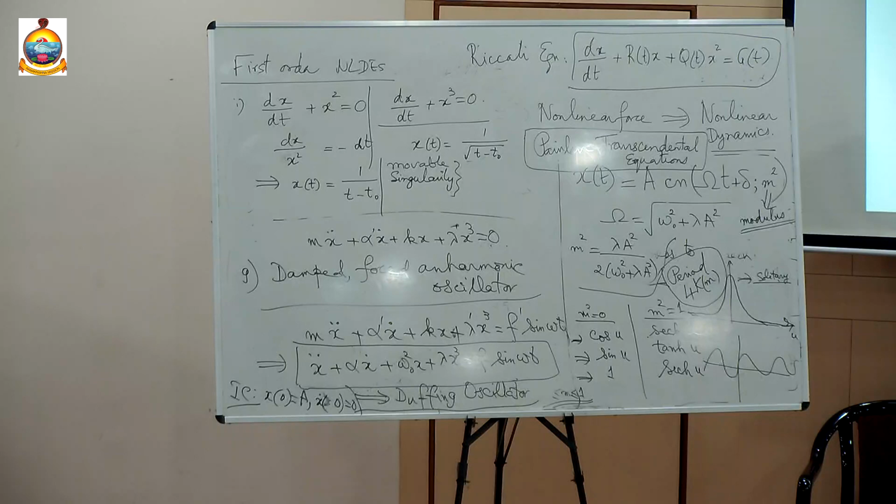It is not periodic. It is aperiodic. That's why you get this complex curve. But since it's a bounded system, the system is bounded between minus 1.5 and plus 1.5. So it varies in this range, and it changes as time progresses.